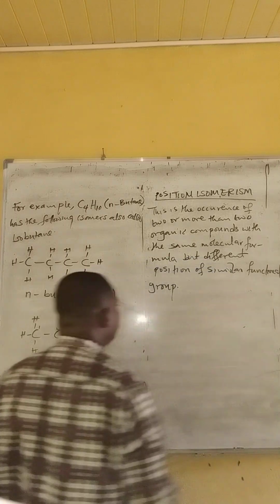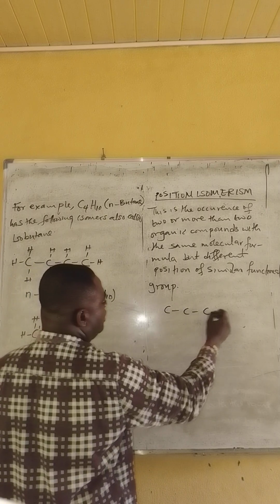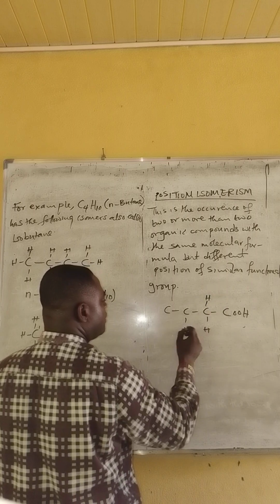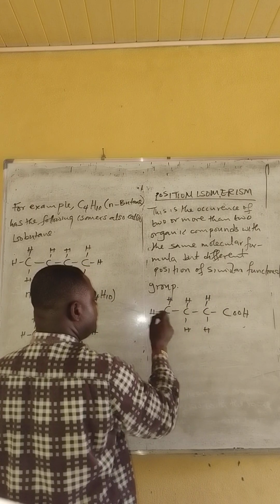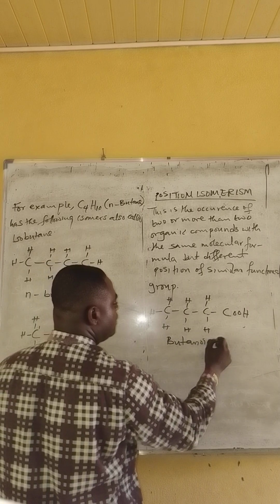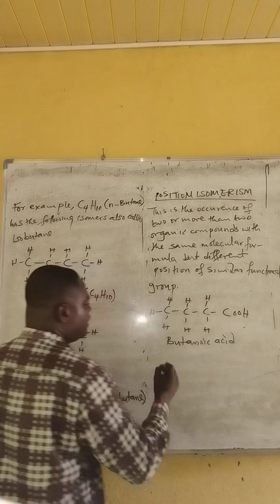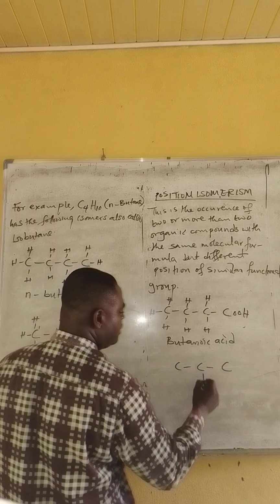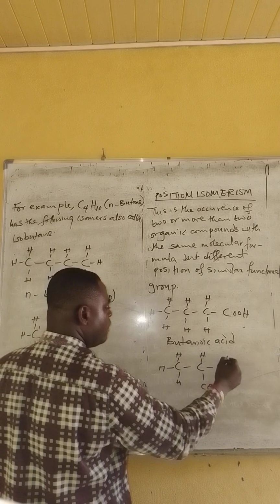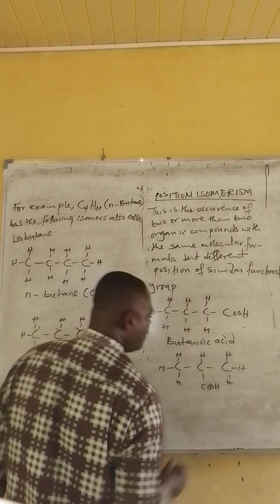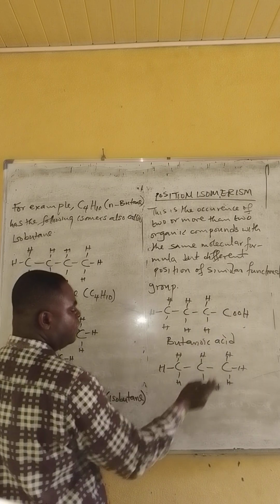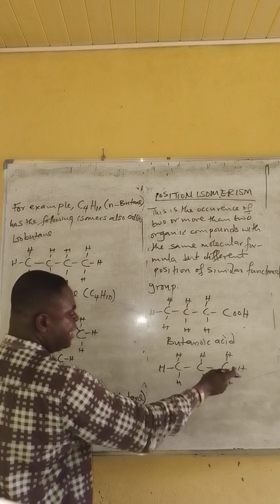Now, what am I saying here? If, for example, you have 1, 2, 3, 4 with COOH, this is butanoic acid. It is an isomer of 1, 2, 3 with a branch. Here the COOH was joined to carbon number 1, but here it is a branch, joined to carbon number 2.